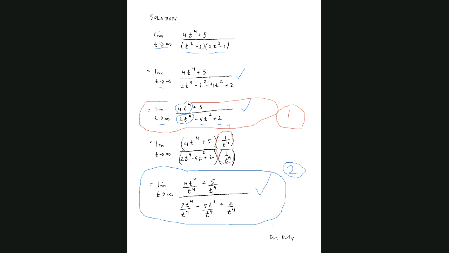Which way is it easier to determine the limit? The way it's written in 1 or the way it's written in 2? Well, 3 folks said 1, but let me ask you this.